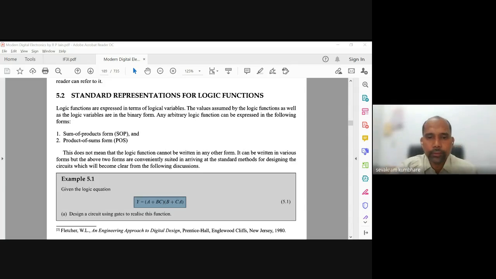You have to put these things in bracket, and then you have to take the product. So such type of expression can be called as product of sum. Got it?